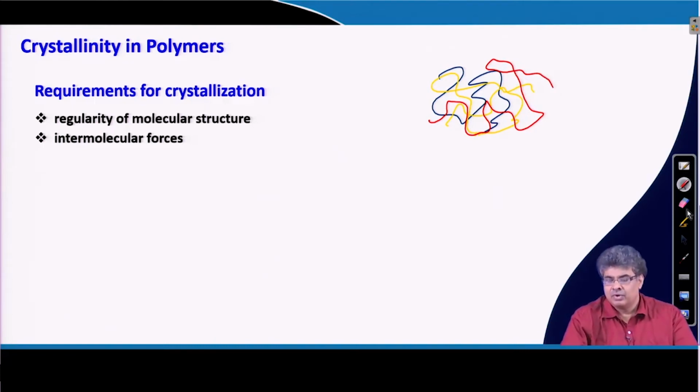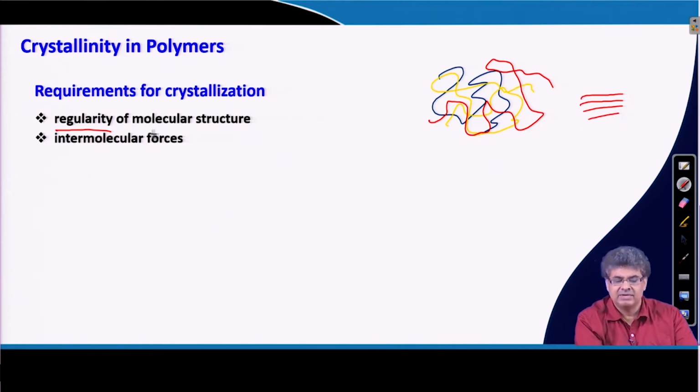Now, if we want to make this polymer melt or polymers in solution crystallize, then the polymer structure has to be regular, in the sense that when they crystallize, they will pack like this. So, unless the structures are regular, they cannot pack in a 3D crystal.